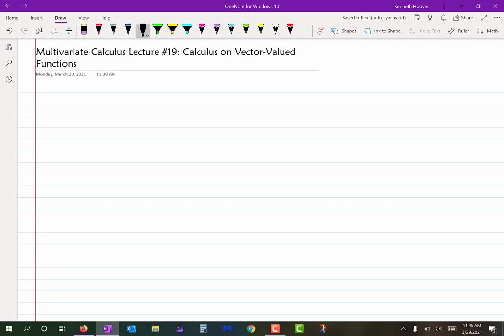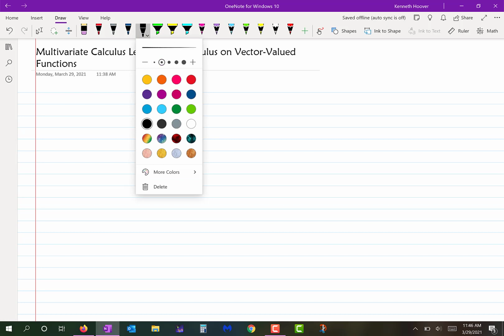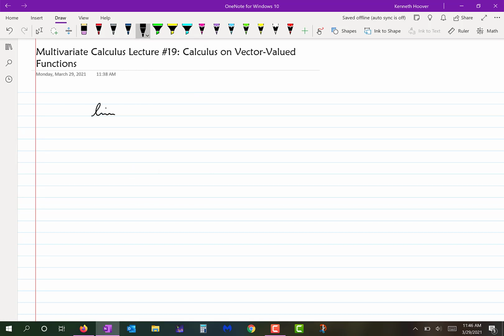Now, I could write the limit of r of t as t approaches c equals L. Well, that would be a vector, right? The limit of a bunch of vectors would have to be a vector, okay?